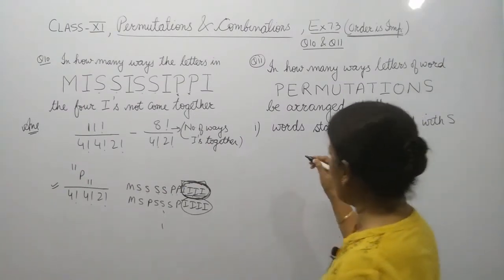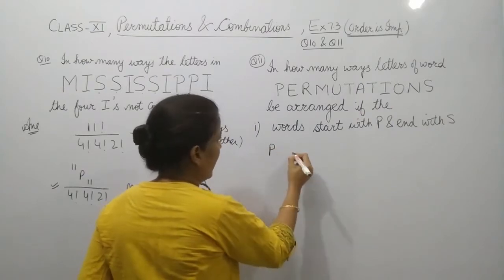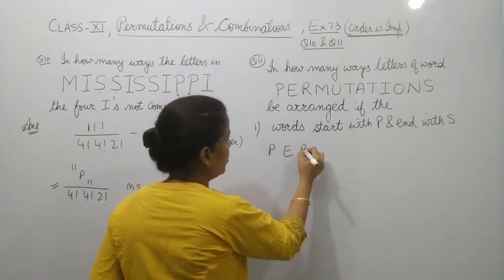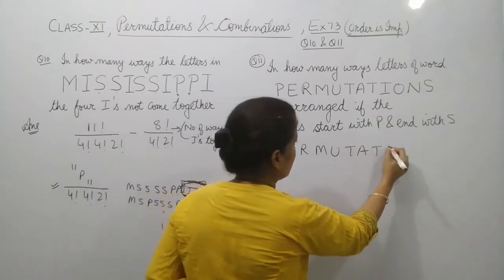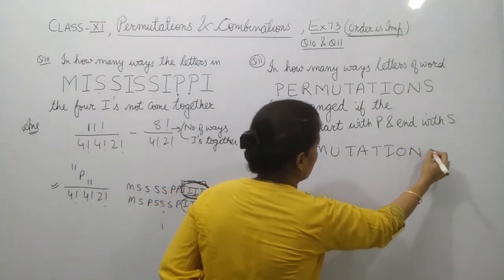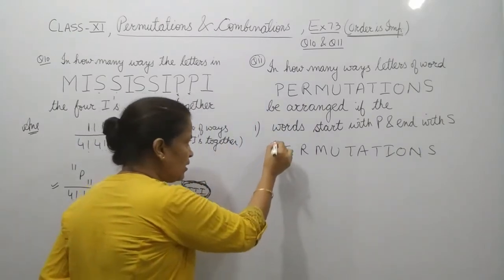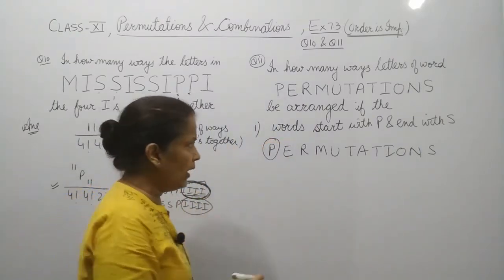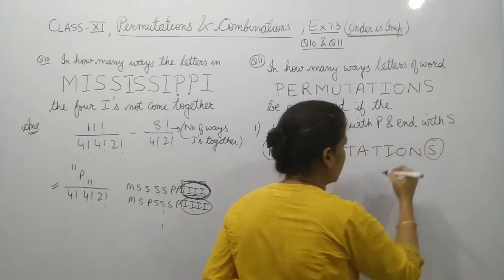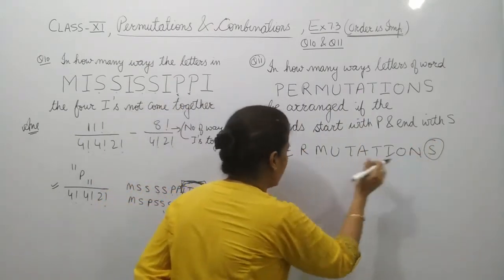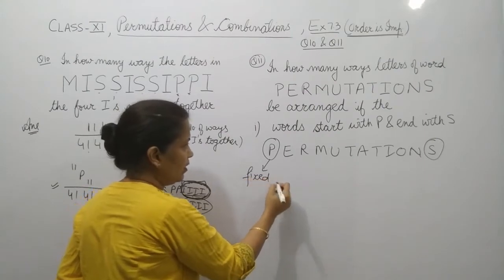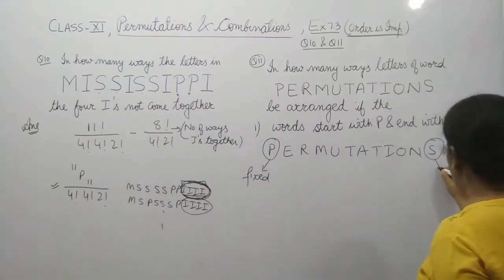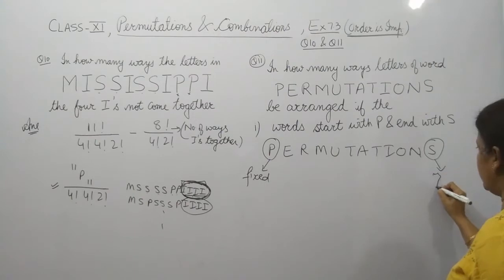First part, start with P and end with S. So it means these two letters are fixed.